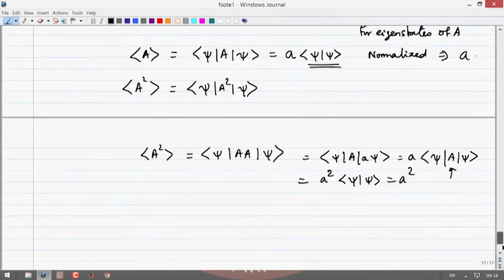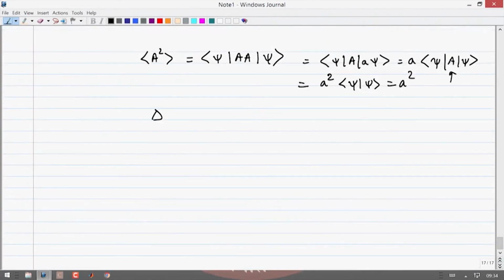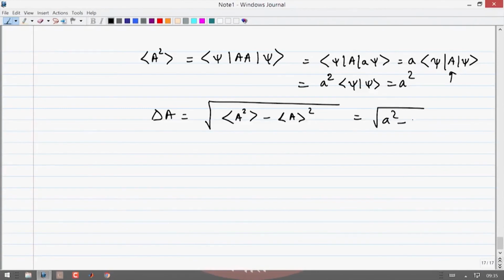So it is immediate to see that delta A, which is the difference between the average of A squared and the square of the average, is A squared minus A squared, therefore this is 0.